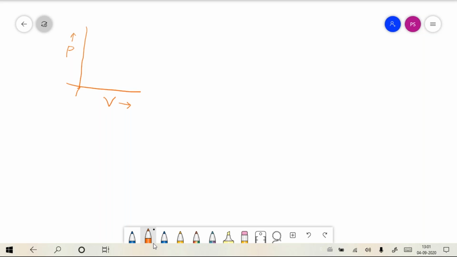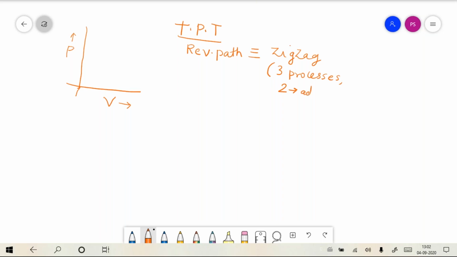So what I want to prove now is that a reversible path is equivalent to a zigzag path comprising of three processes, of which two are adiabatics and one is an isotherm.